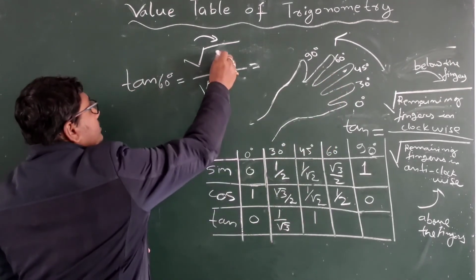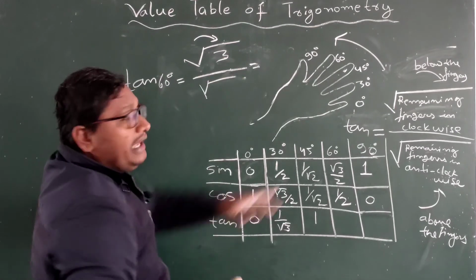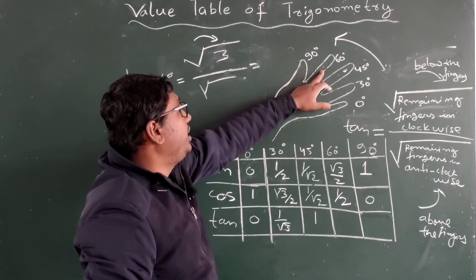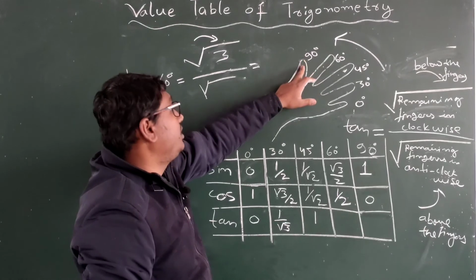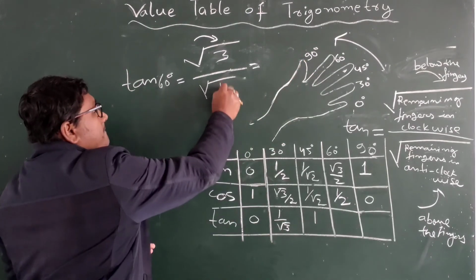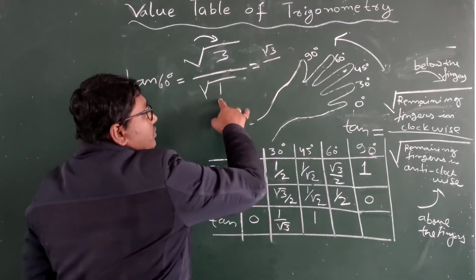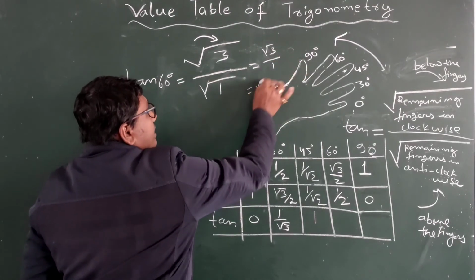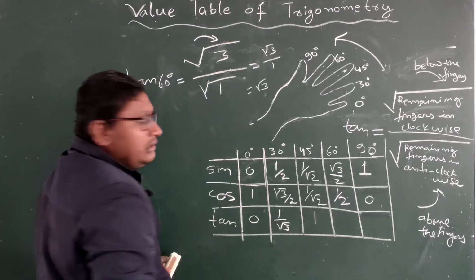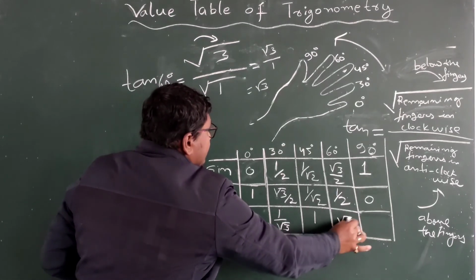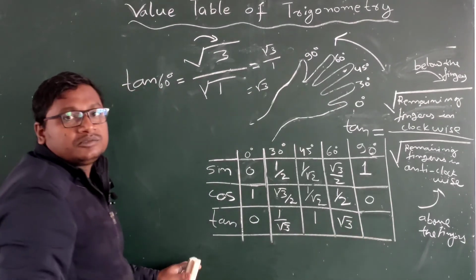So write here 3. And now in anti-clockwise direction, after 60 degree, how many fingers will be here? There is only one finger. So write here 1. So root 3 will be root 3 only, and the square root of 1 is 1. So we can write it as root 3 only. Tan 60 degree is root 3.